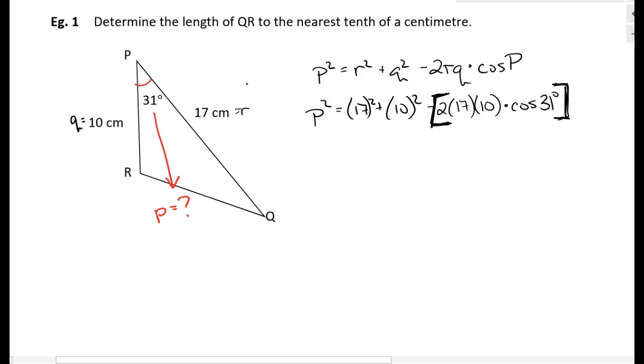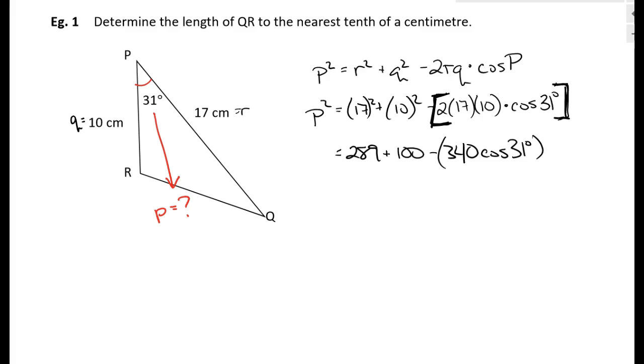So we're going to get our calculator and we're going to plug and chug. So again, if it helps to keep brackets around this last term to help you remember that we need to treat it as one piece, definitely continue to do that because we don't want to make a mistake. If we were to actually break it apart, like I mentioned, we would end up going 289 plus 100 minus 340.